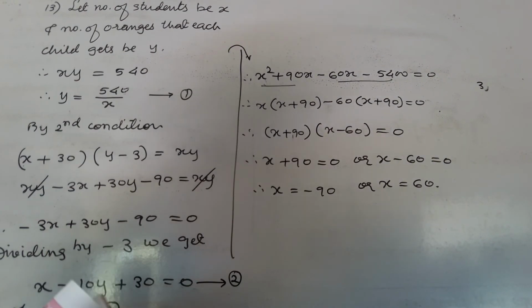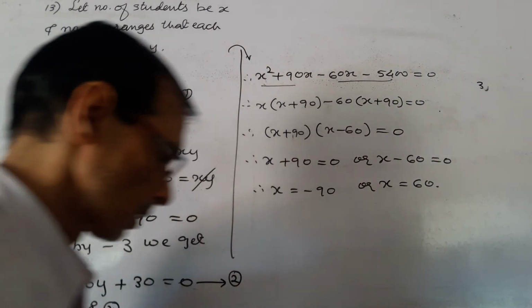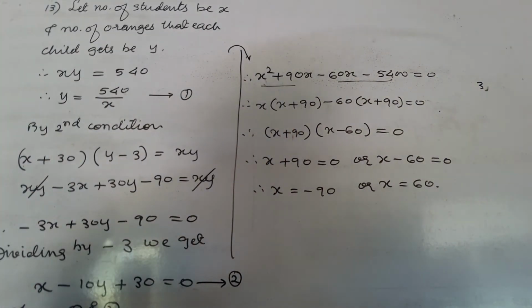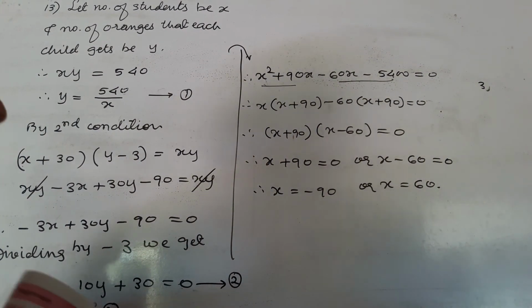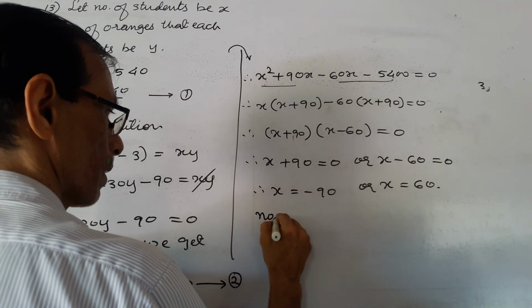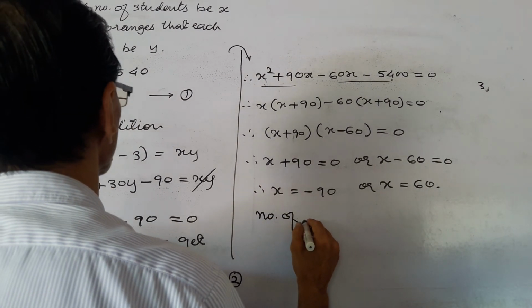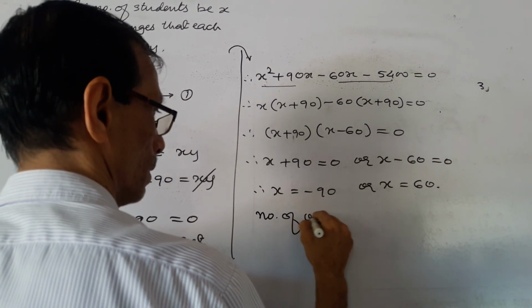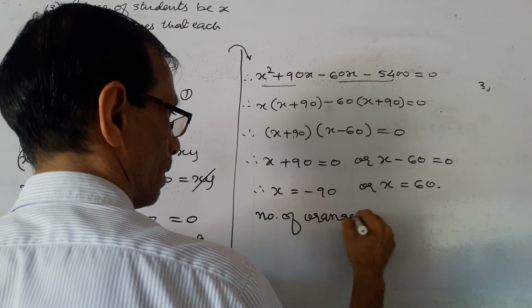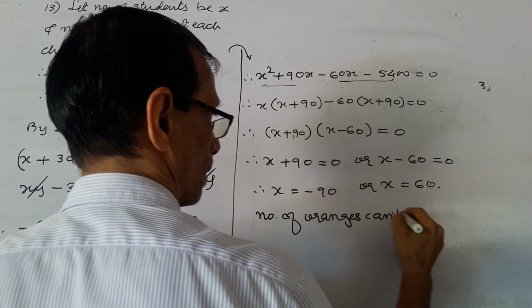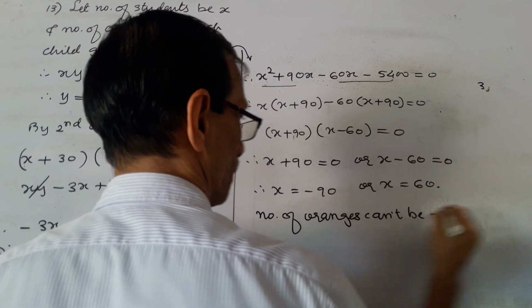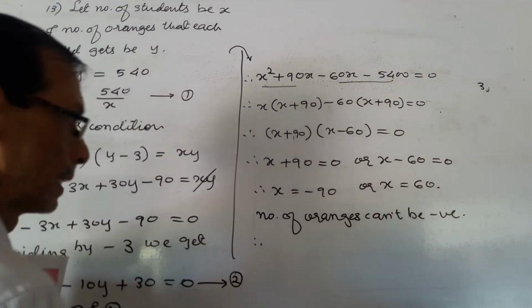But here we know that the number of students can't be negative. Therefore, minus 90 is discarded.